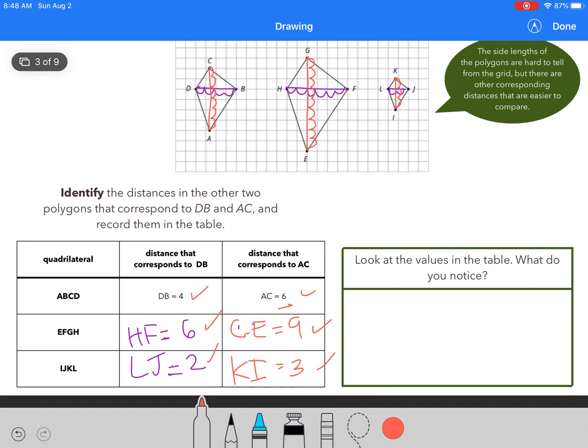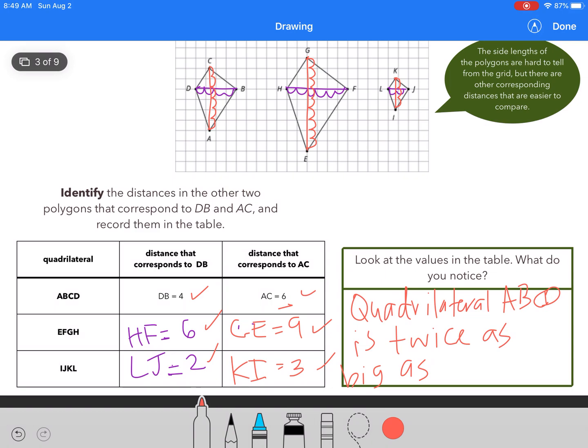So look at the values. What do you notice? That quadrilateral ABCD is twice as big as quadrilateral IJKL.